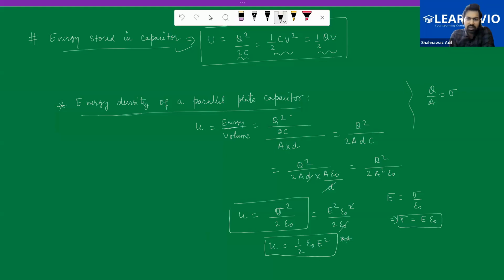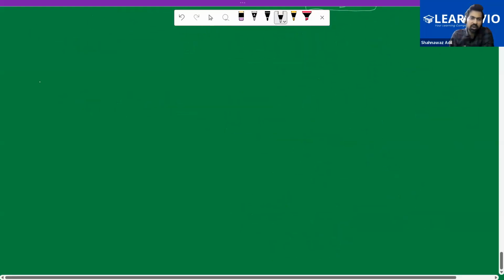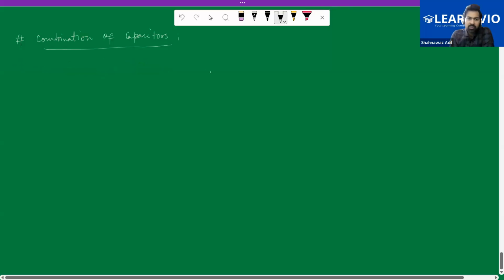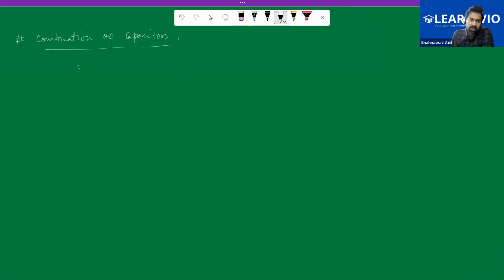Okay, so now let us understand the combination of capacitors. So we have the series combination.